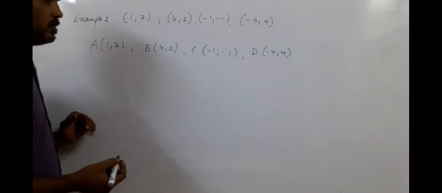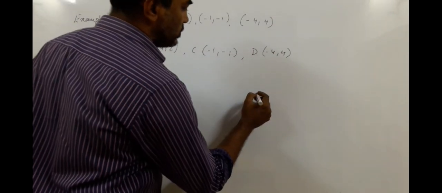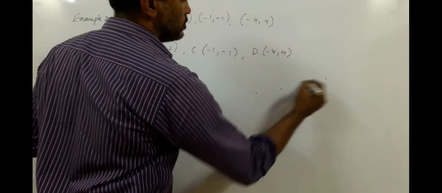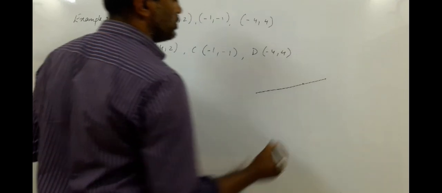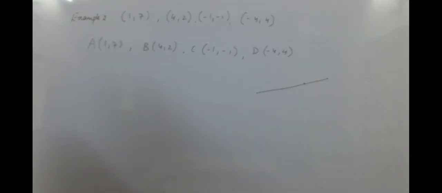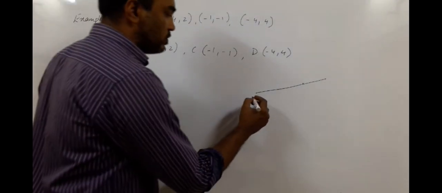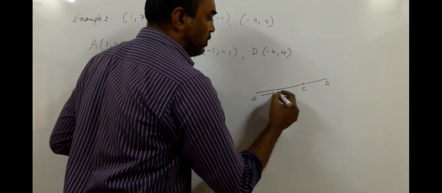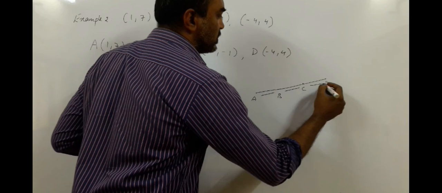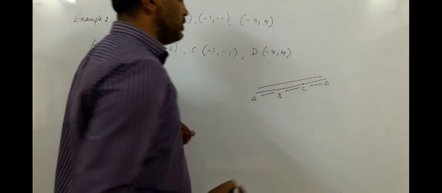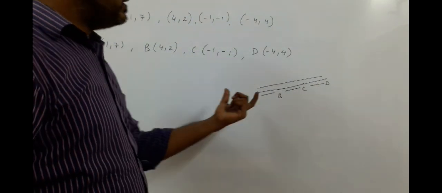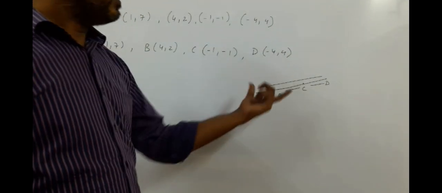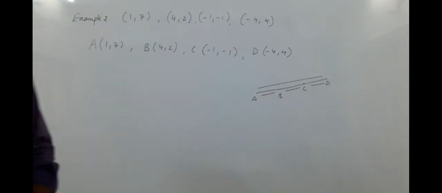Yes, the 4 points can be collinear, meaning on a straight line. So now how do you find whether 4 points are collinear? A, B, C, D. If AB plus BC plus CD gives us AD, or any way round, meaning the sum of the 3 smaller sides adds up to the larger side, then we can say they are collinear.